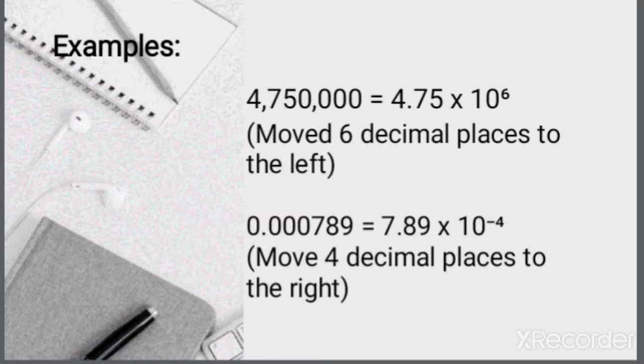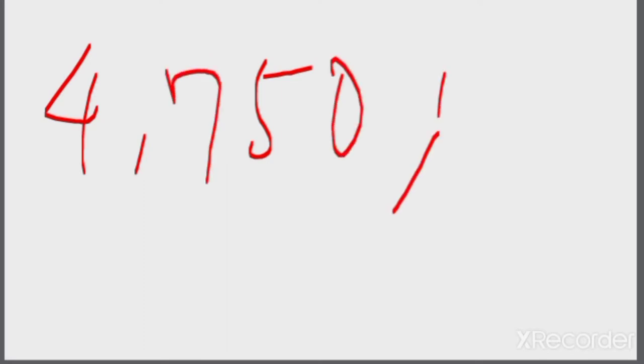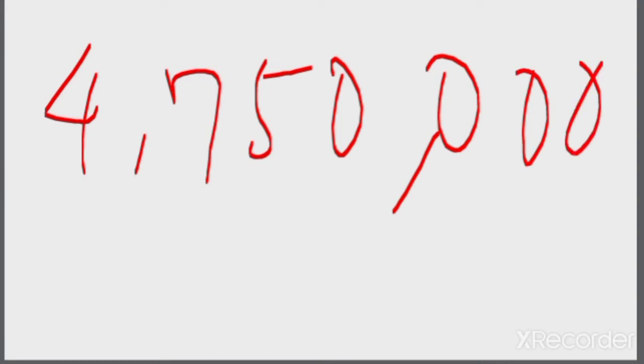Here are the examples. We have 4,750,000. So the scientific notation is 4.75 times 10 to the power of 6. The decimal of this number is here.